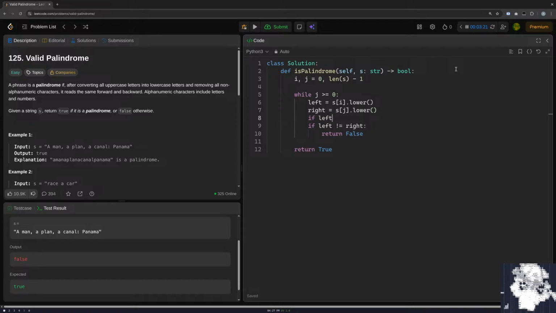If left not in A, B, C, D, E, F, G, H, I, J, K, L, M, N, O, P, Q, R, S, T, U, V, W, X, Y, Z, then i increases.